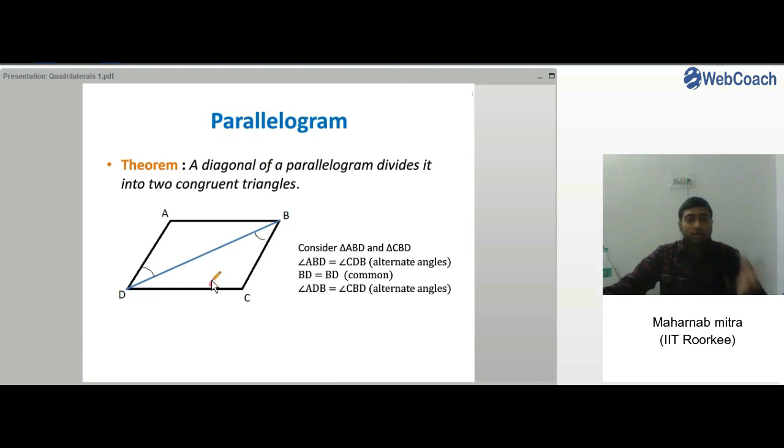They are once again alternate angles, where AD is parallel to BC and DB is the transversal, right? So these two are alternate angles also. So you can see we have got an angle, a side and one more angle to prove that the two triangles are actually congruent to each other.